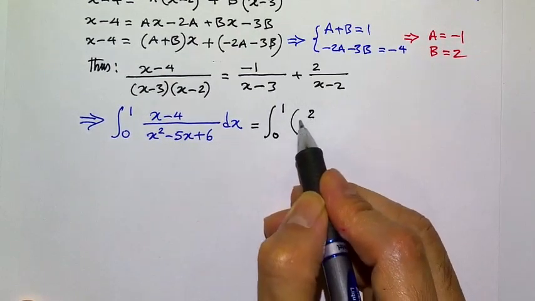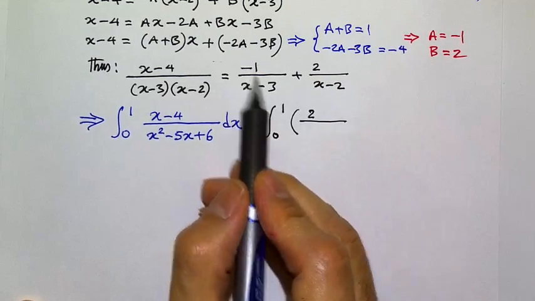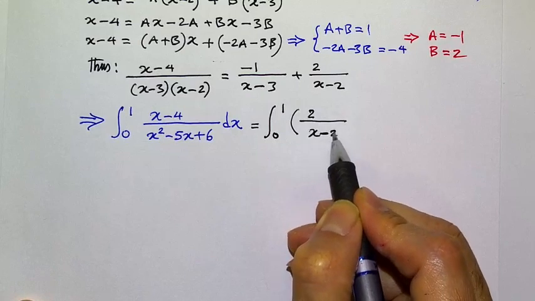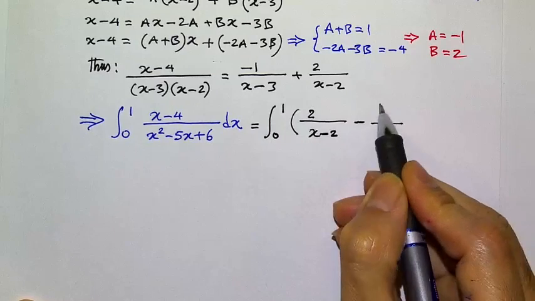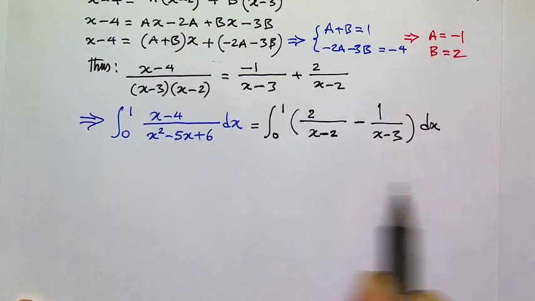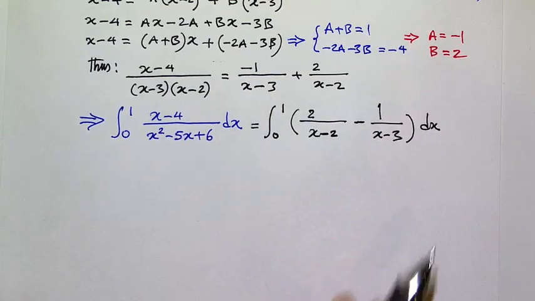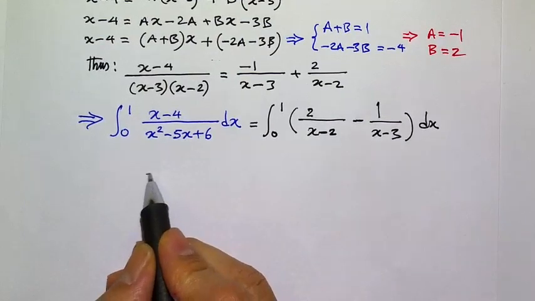So we have 2 over, I'm just going to put this minus 1 in the middle, so 2 over x minus 2, right, minus 1 over x minus 3 dx. So that minus 1 is now in here. Okay, so then this is an easy integral.